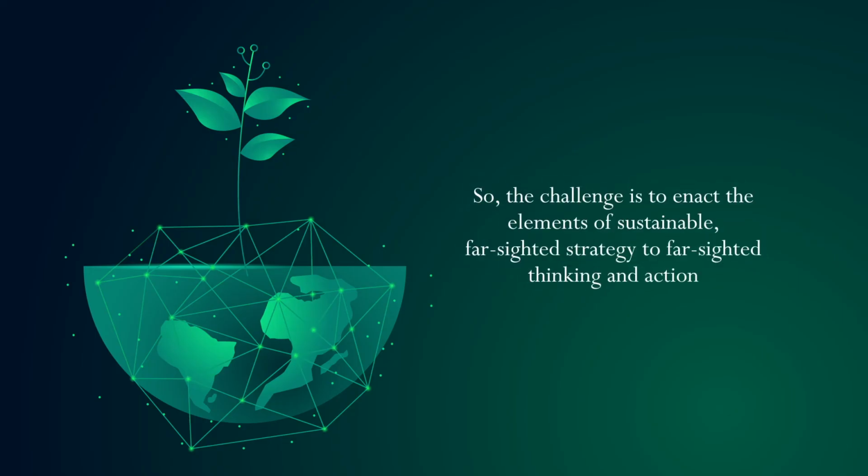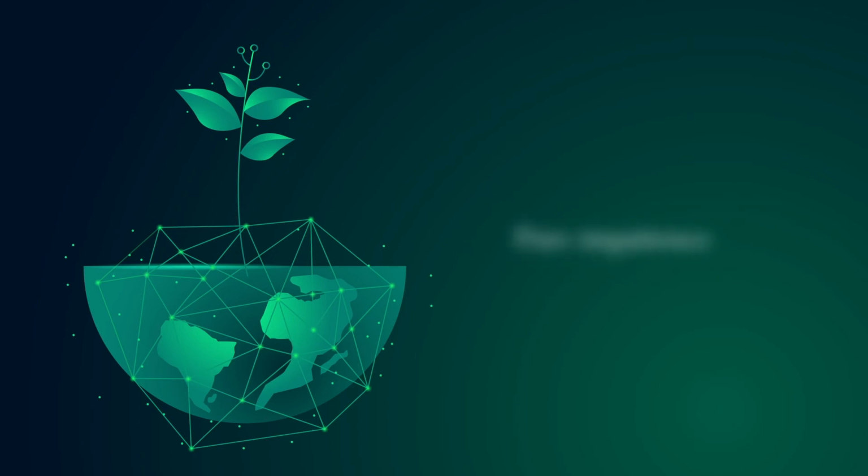The challenge is to enact elements of sustainable, far-sighted strategy, far-sighted thinking and action. What are the key challenges in that? To enact those elements of far-sighted strategy, far-sighted thinking and action: pure impatience.